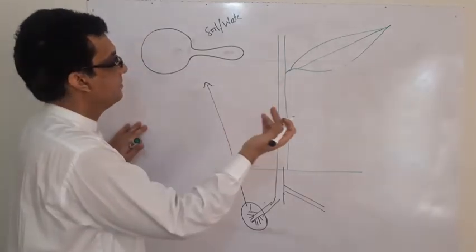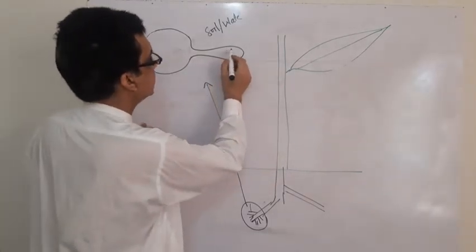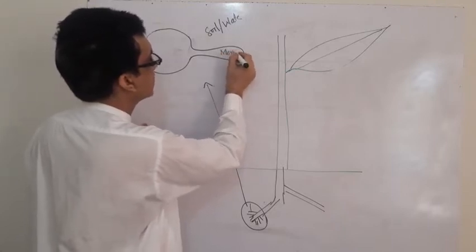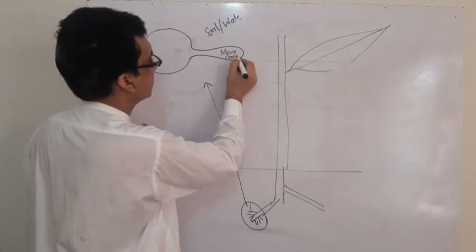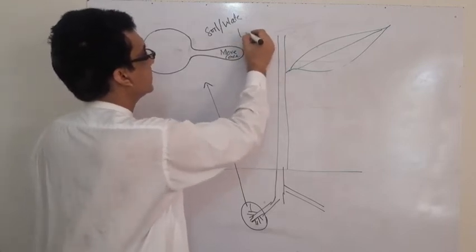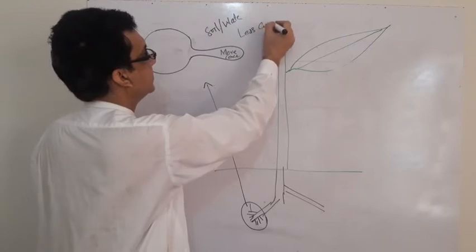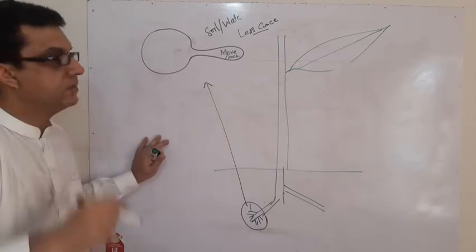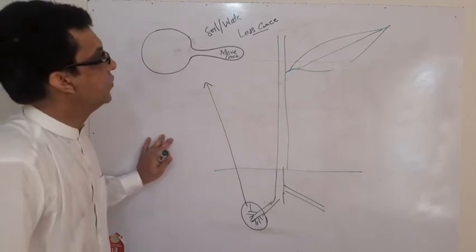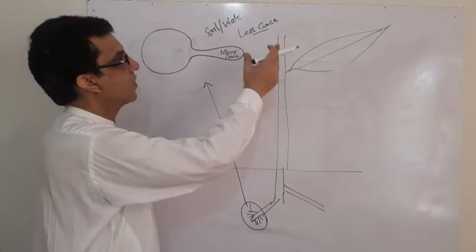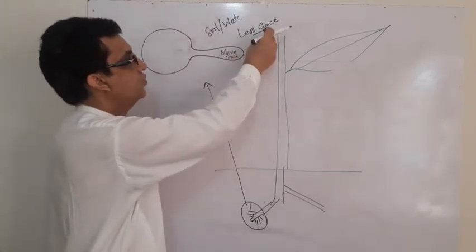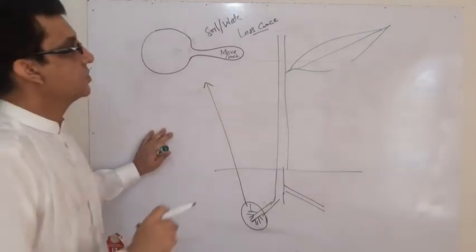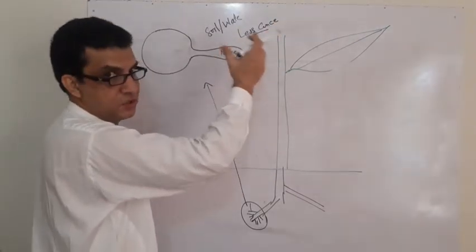So how do they absorb water? Because there is a more concentrated solution inside, and outside there is a less concentrated solution. In the earlier example, I told you that water will move from less concentrated solution toward more concentrated solution.